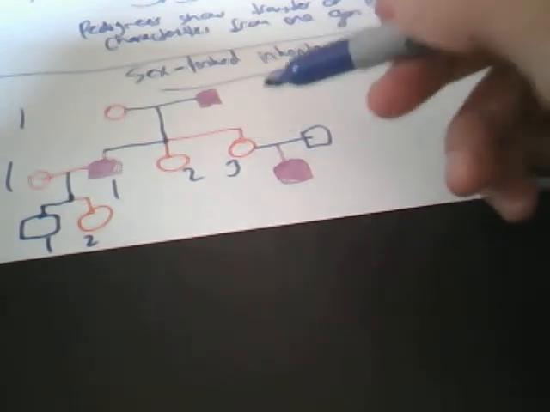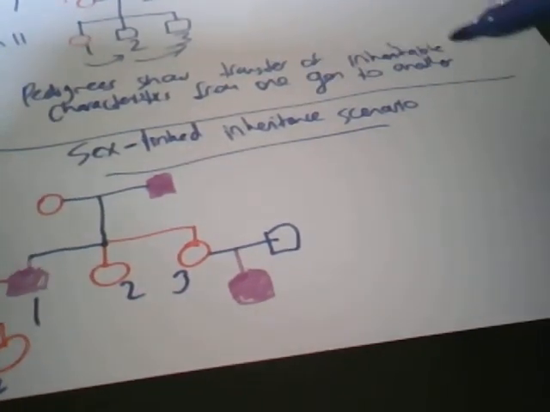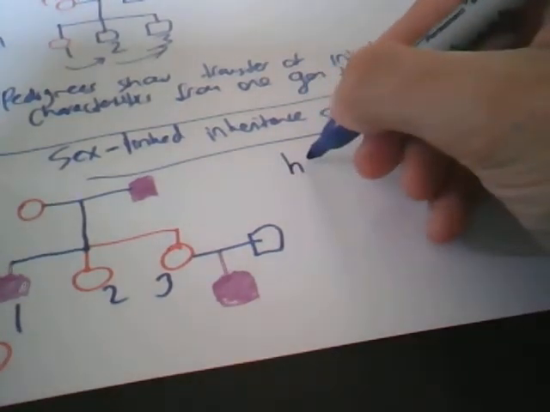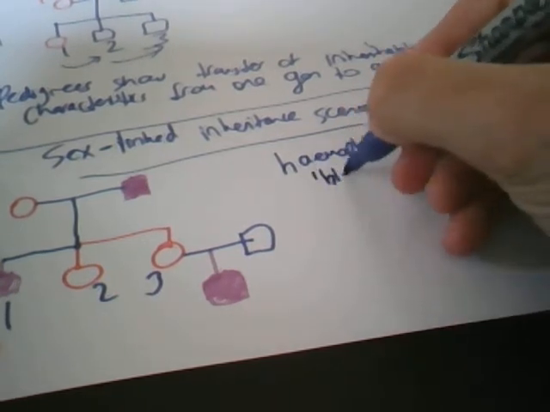Now, the offspring inherits a characteristic or a condition in this sex-linked inheritance scenario, right? Now, the pedigree for the disease called hemophilia, so spell this correctly. This is called the bleeder's disease.